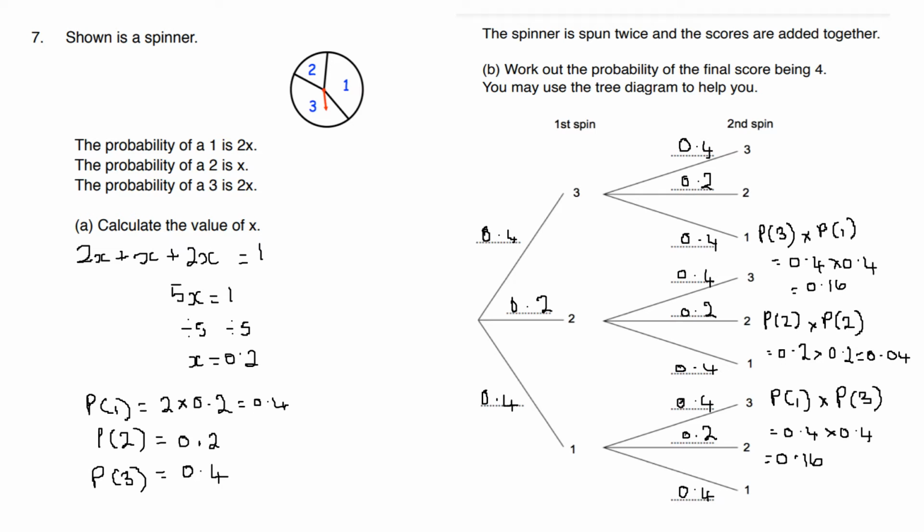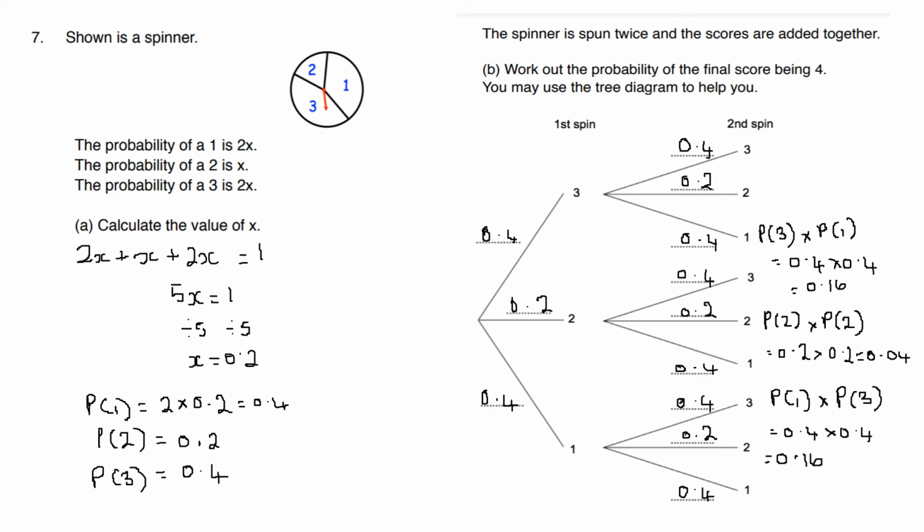Now I've used the AND rule to calculate these three probabilities. I'm now going to use the OR rule to work out the probability of the final score being a 4, because I can get 4 in any one of these three ways. So I can get it by spinning a 3 and then a 1, or by spinning a 2 and then a 2, or by spinning a 1 and then a 3.